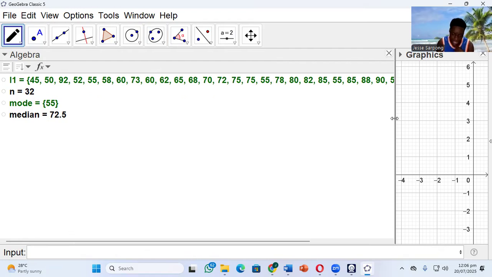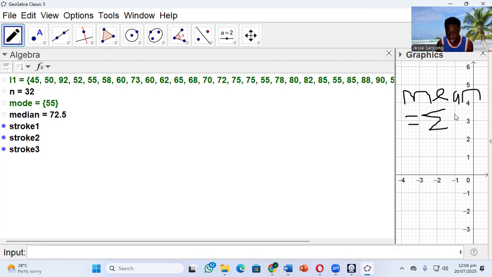So we know one thing about the mean. The formula for the mean is mean equal to sigma fx over sigma f.